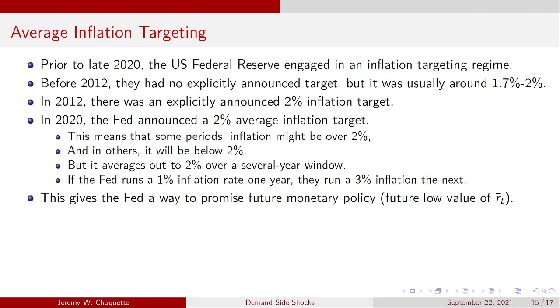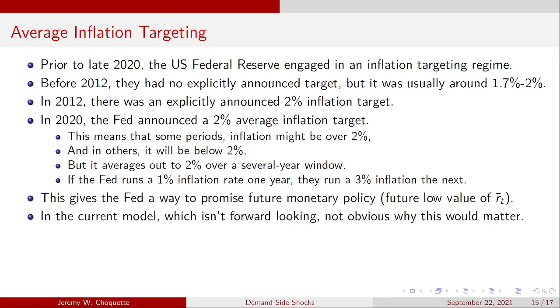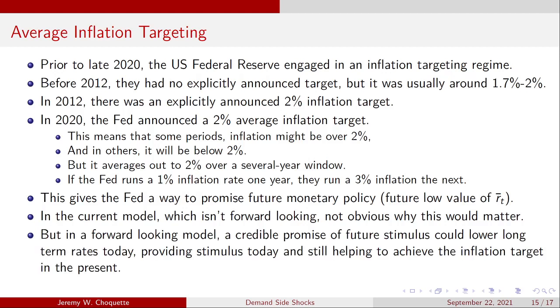And this gives the Fed a way to promise future monetary policies, like a future low value of that R bar sub T. Now, in the current model, which isn't forward-looking, it's not really obvious why this would matter. If we had a forward-looking model, it would be a little more obvious, because a credible promise of future stimulus could lower long-term rates today. This would provide stimulus today and still help to achieve the inflation target in the future.